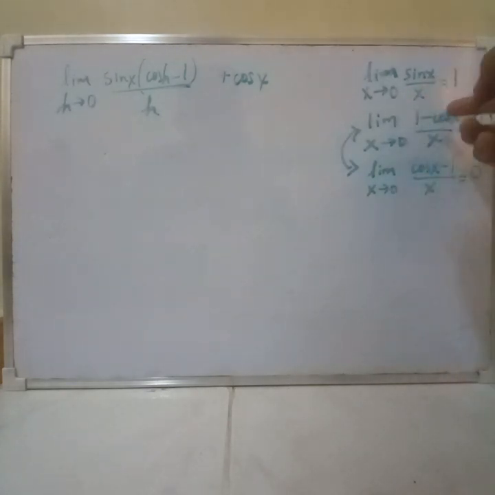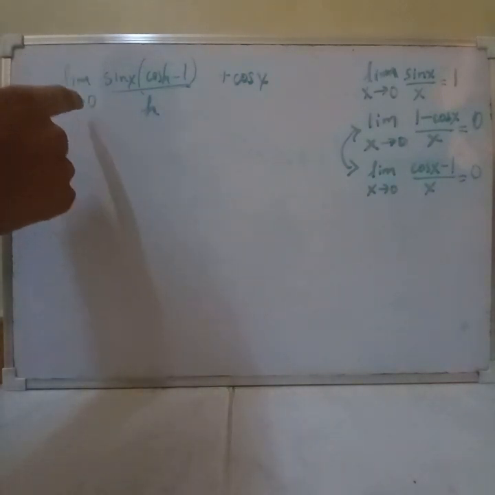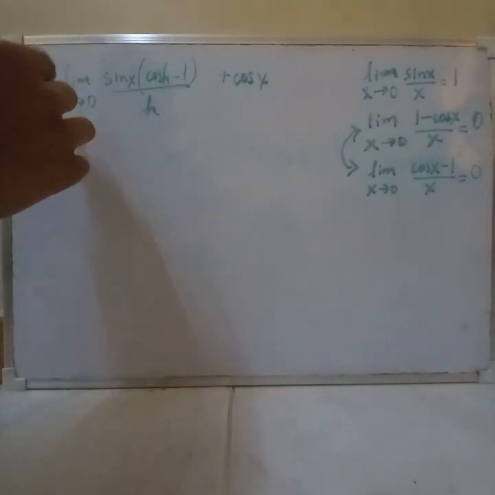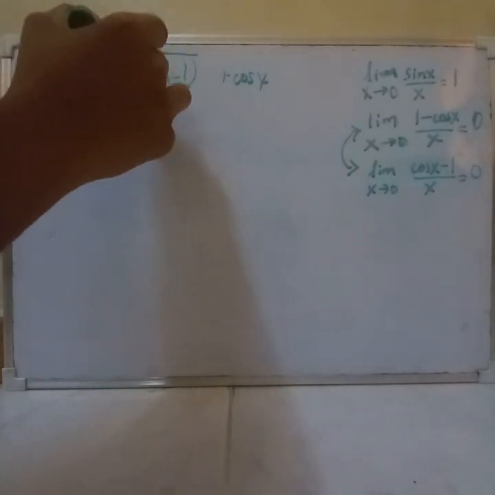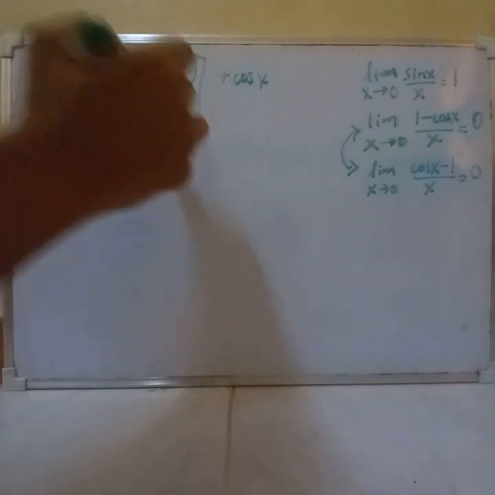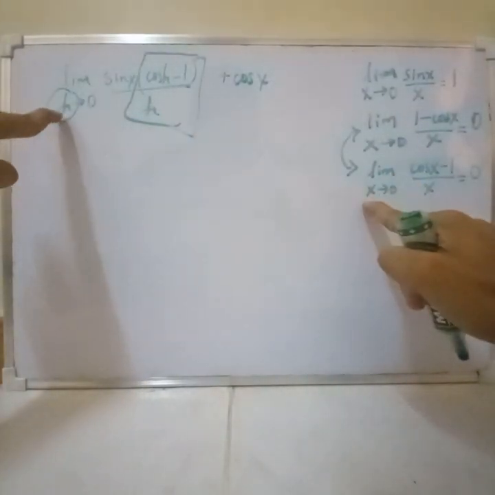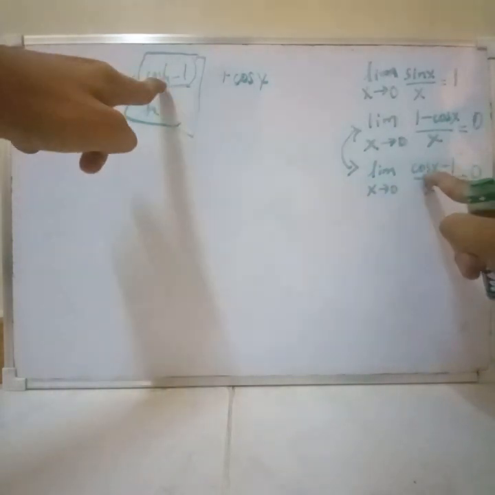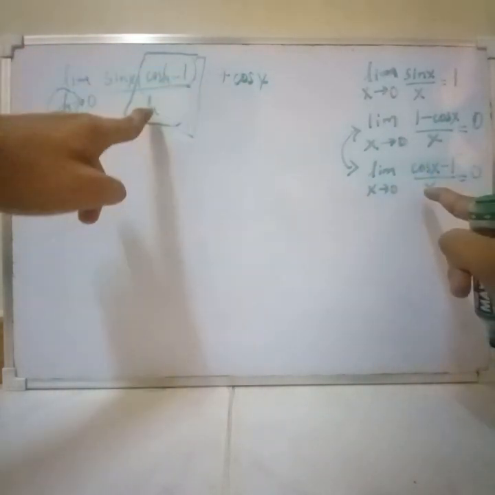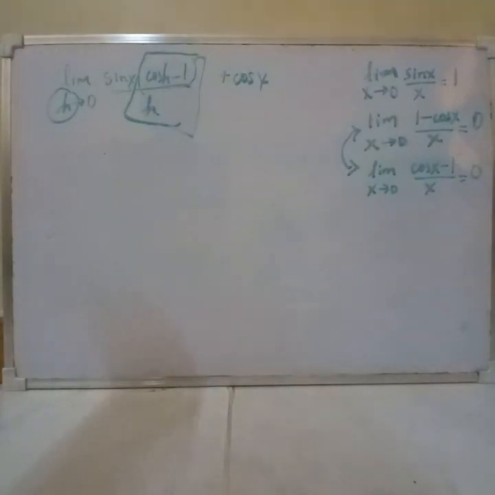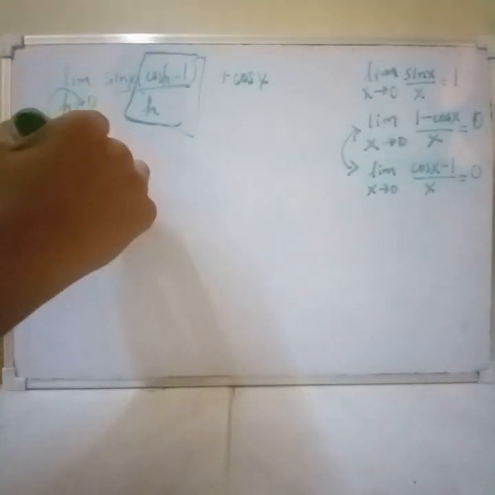Or if you have the numerator in the opposite order also, it's not an issue, we'll get the same answer as 0. If you check here, when we are applying the limit h tends to 0, the variable is h, and this part is similar to this one, right? Instead of x we are having h, and here also cos h minus 1. So this part will be actually 0.